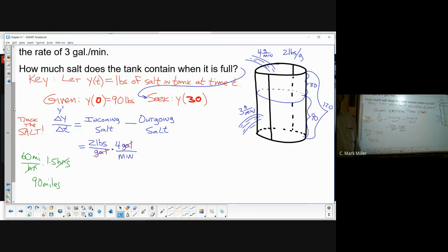What is the outgoing salt? And this is the hardest part. What we're about to write is the hardest part. You're going to subtract off the outgoing salt. How fast is it going out? 3 gallons per minute. That's how fast it's going out. What is its concentration?